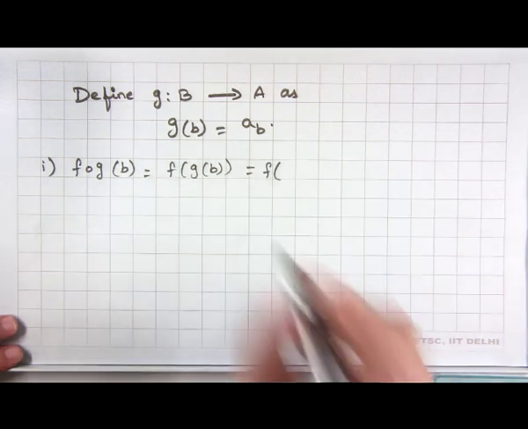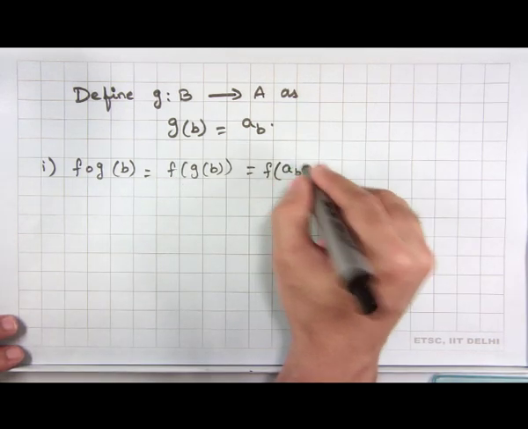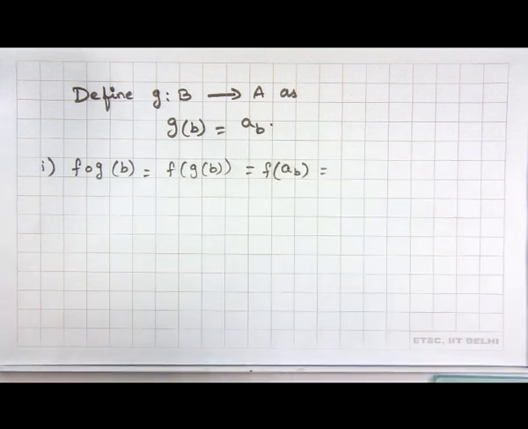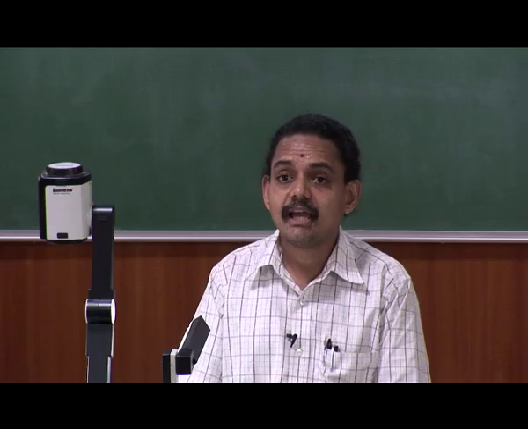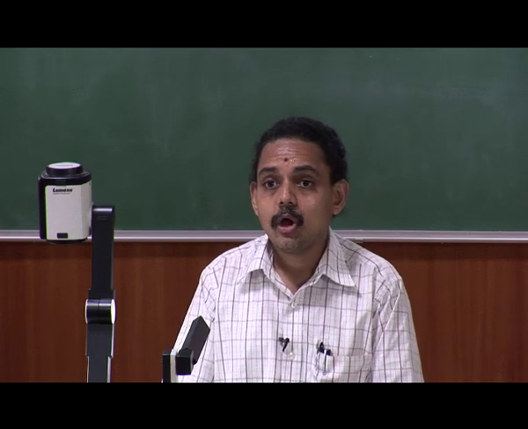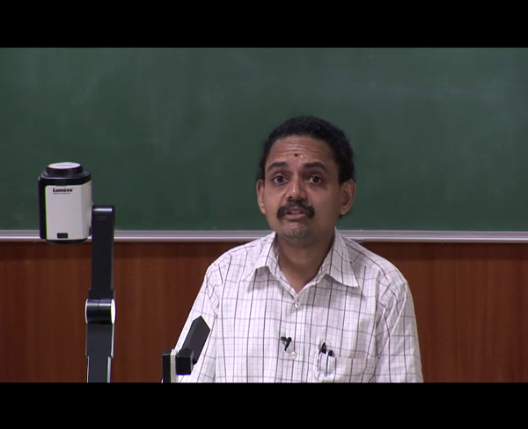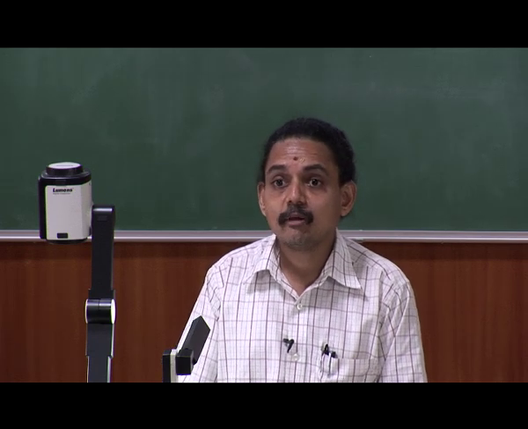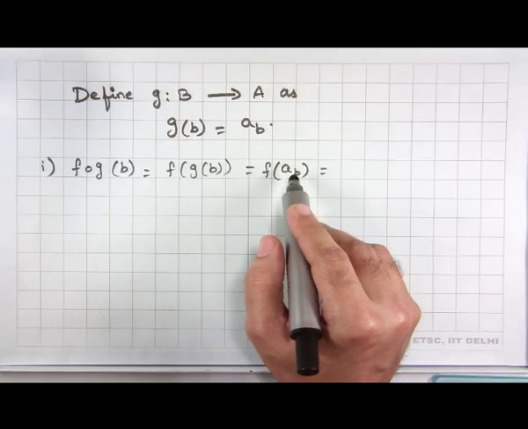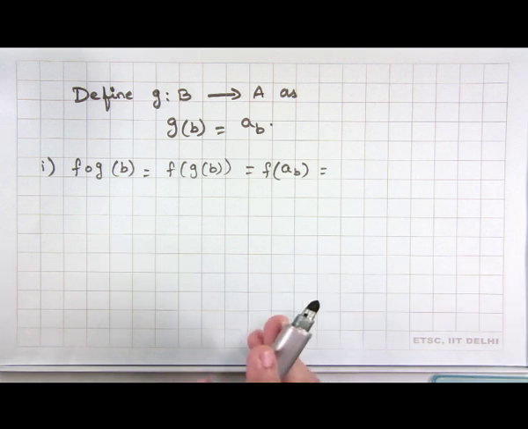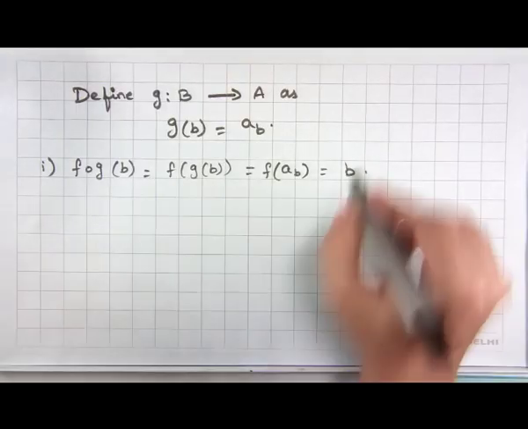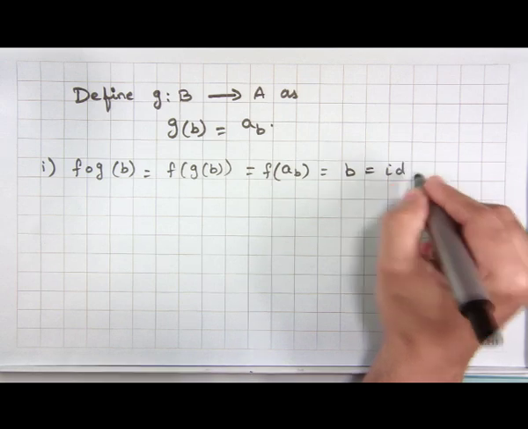But g of b is a_b, small a_b, which comes from the set capital A_b. Capital A_b consists of all elements of the set A which are mapped to the element b, and this small a is one among the choices, and we have made a unique choice from that set. Therefore, this is going to give me b, which is exactly the identity.